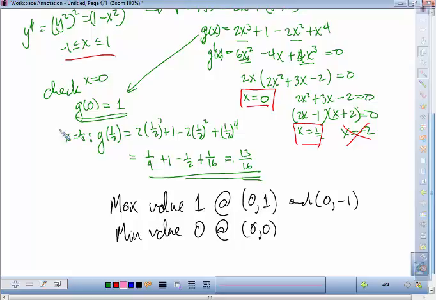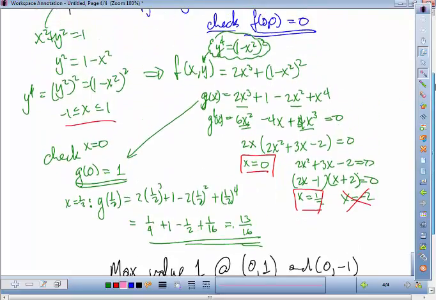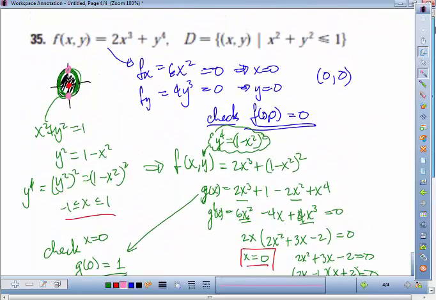I wanted to show you a picture of this too. f of x, y is equal to this function is some sort of surface, right? And we're trying to find the highest point in that surface at some given value.